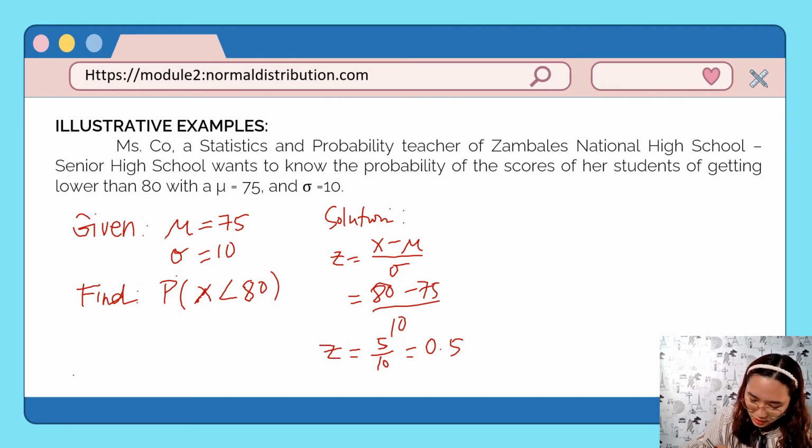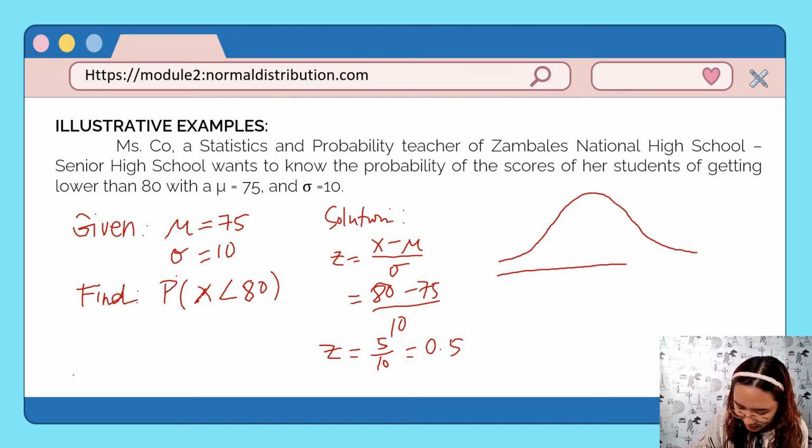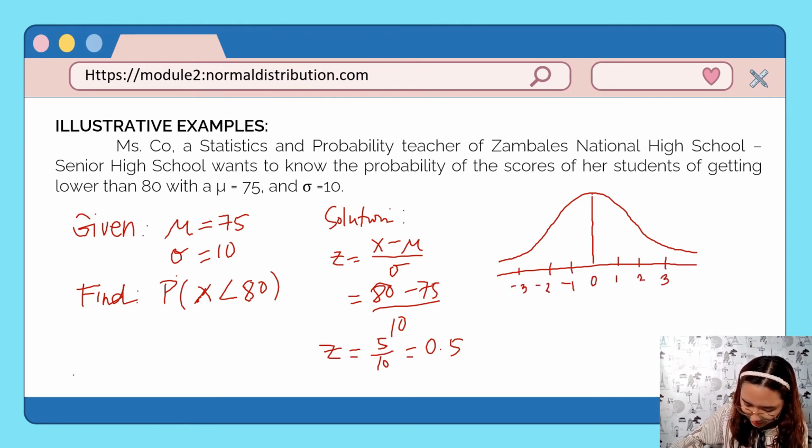Ngayon, let's illustrate sa ating normal curve kung ano yung area, kung ano yung probability na gusto natin hanapin. So, ang hinahanap ay yung 0.5. Nandito siya sa kalahati. Ito yung 0.5. At ang hinahanap is lower than, mas mababa.